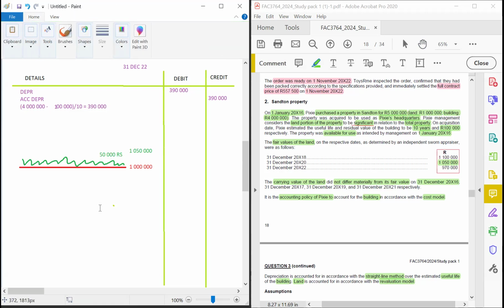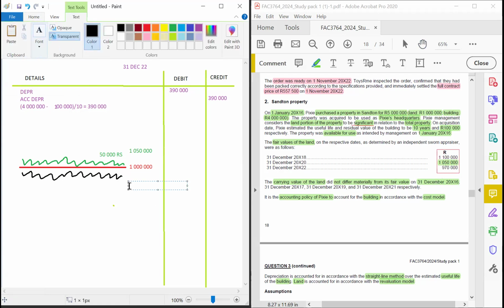Now, anything below it is a revaluation deficit, right? So anything here is a deficit. We had revalued to 970,000.